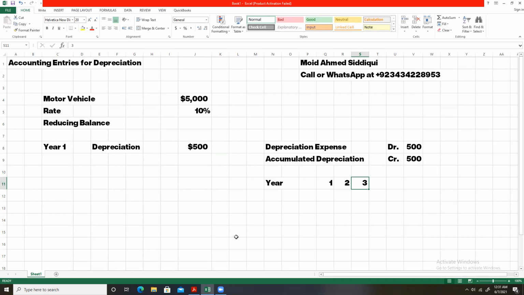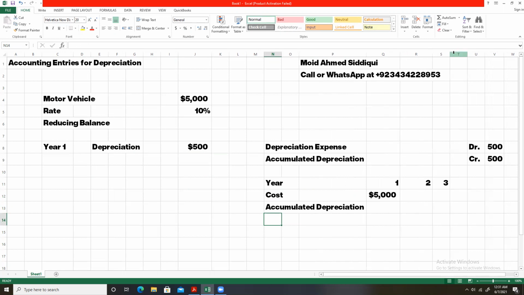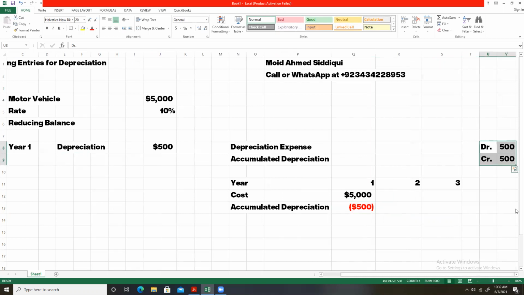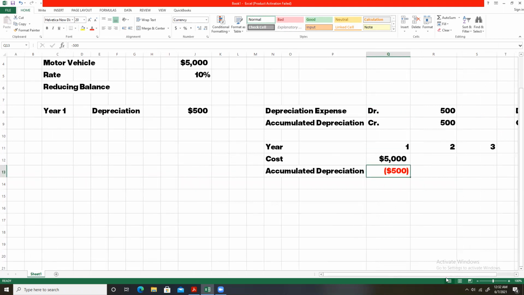The cost of the asset is $5,000, and the accumulated depreciation in the first year is $500, since only $500 is charged. This is the accumulated depreciation.